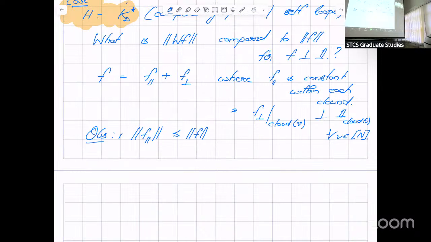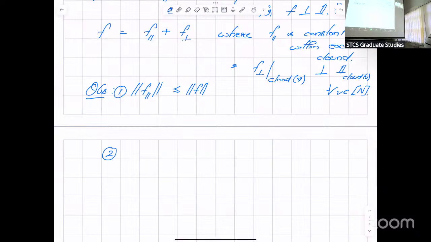Observation two is that WF is the same as W F parallel. It doesn't distinguish. The very first step throws out F perp completely.